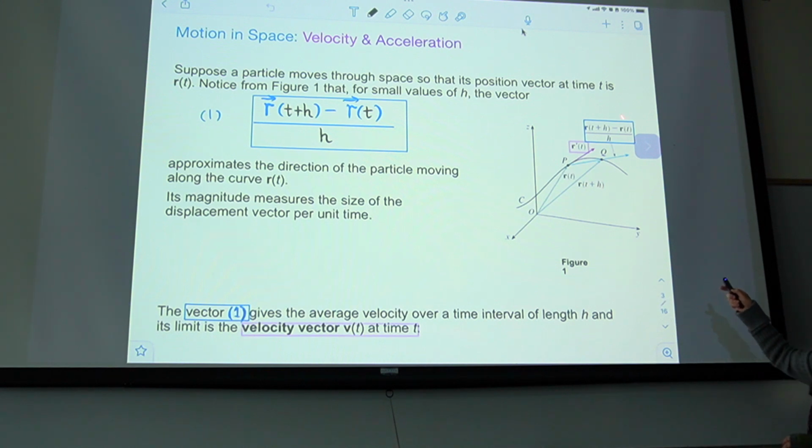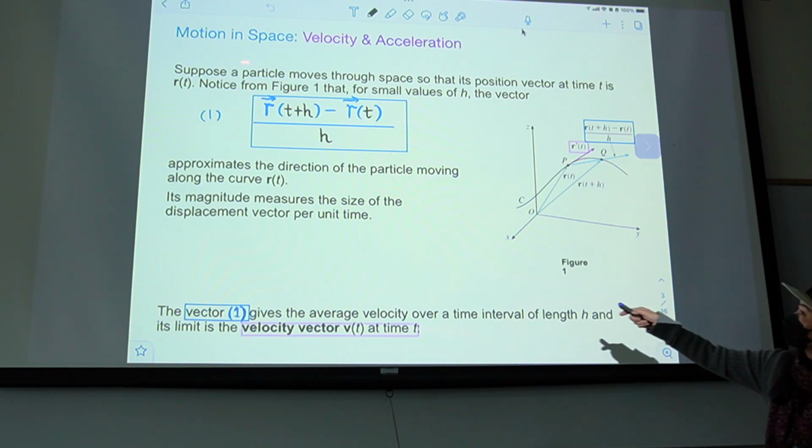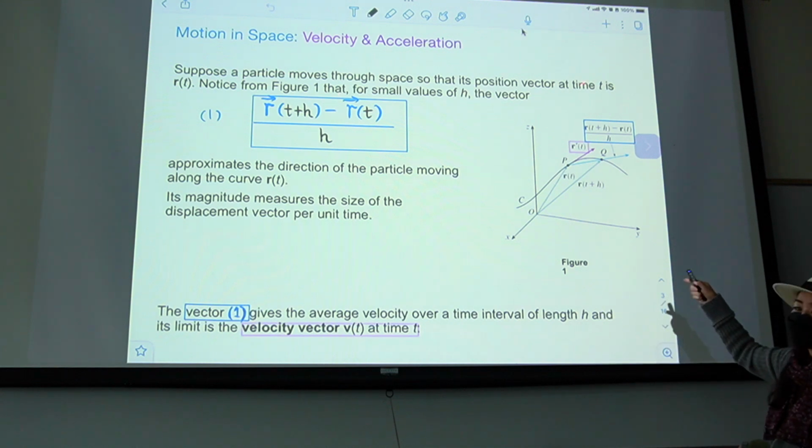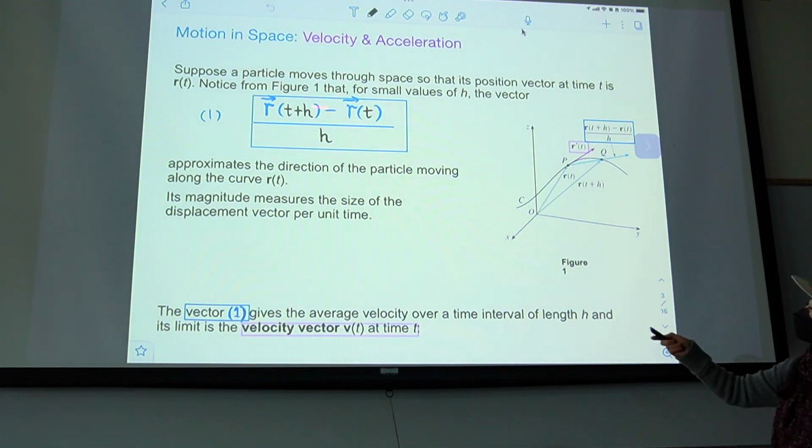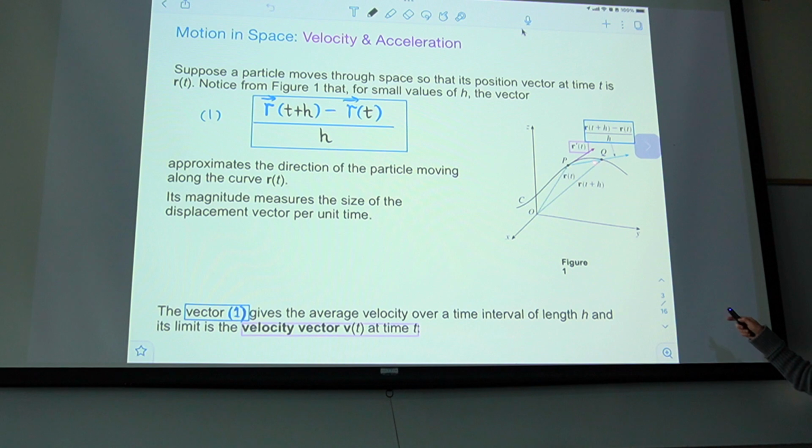Now, if we think about this difference quotient, r(t+h) subtract r(t), and then divide by h, we get a vector pointing this way, the one in the blue rectangle here. This vector approximates the direction of the particle moving along the curve. Think of it like a secant trying to approximate the tangent.